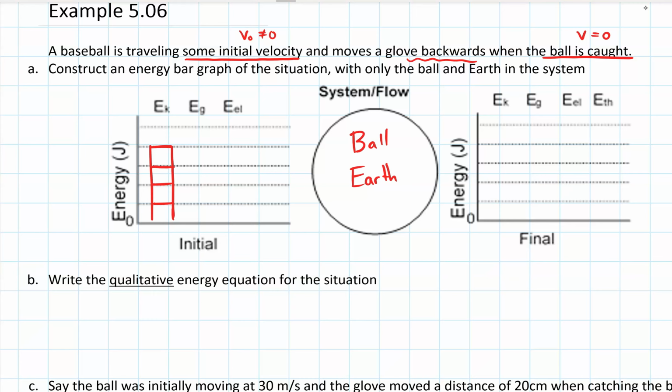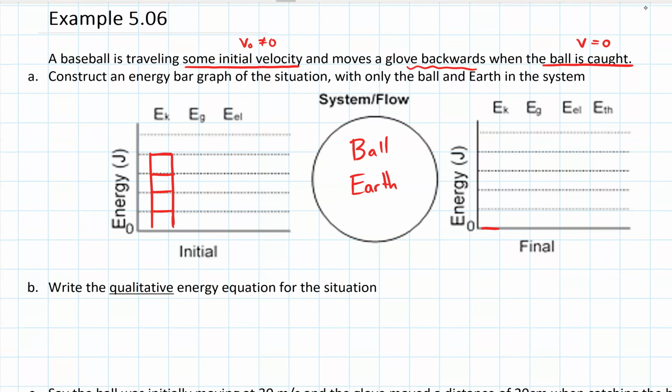Now in the end, the glove catches the ball. The ball stops, so there's no kinetic energy. It didn't change any height, and we're not including gravitational potential energy. There's no stretching or thermal energy. The glove took all of the energy out of our system.